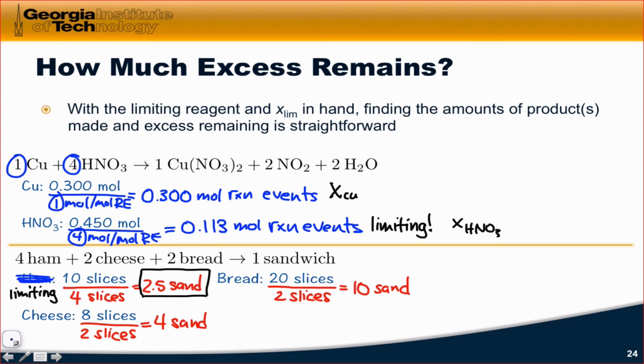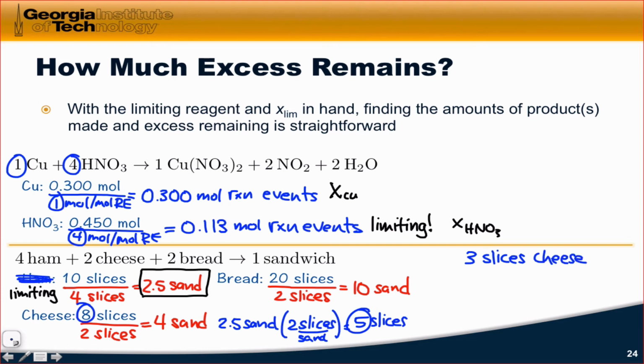So what we can do is multiply the 2.5 sandwiches by the number of cheese slices per sandwich to reveal that we need 5 slices to make the 2.5 sandwiches. And we're going to subtract this, 5 slices, from the total that we started with, 8 slices. And so we'll have 3 slices of cheese left at the end of the process.